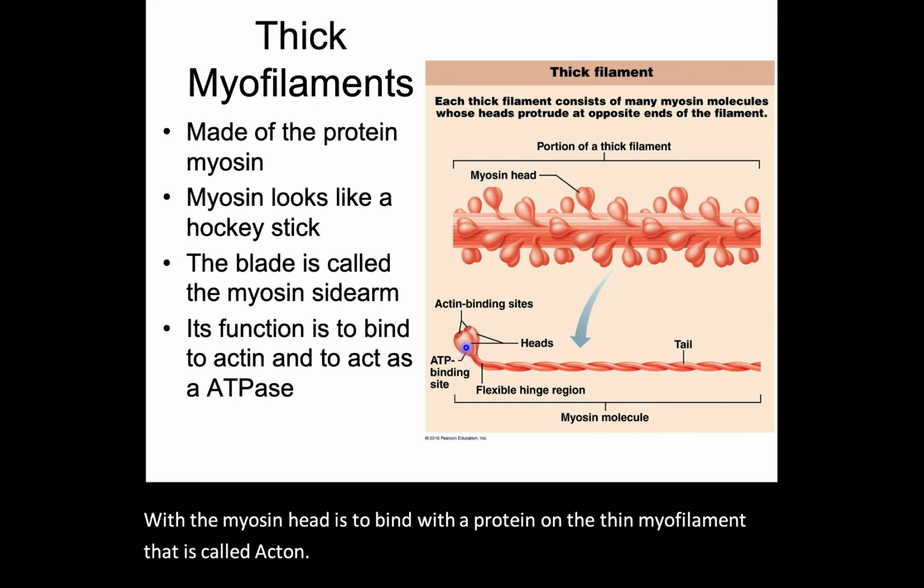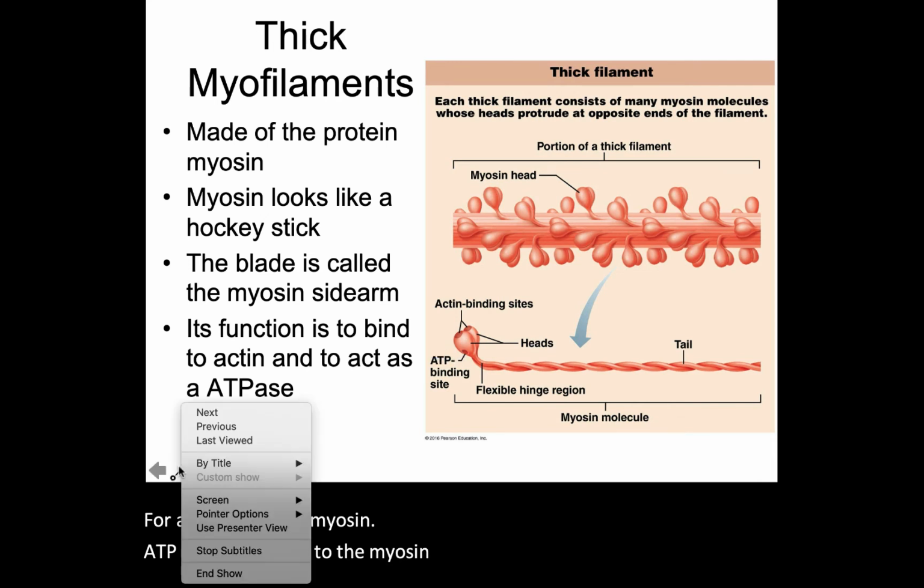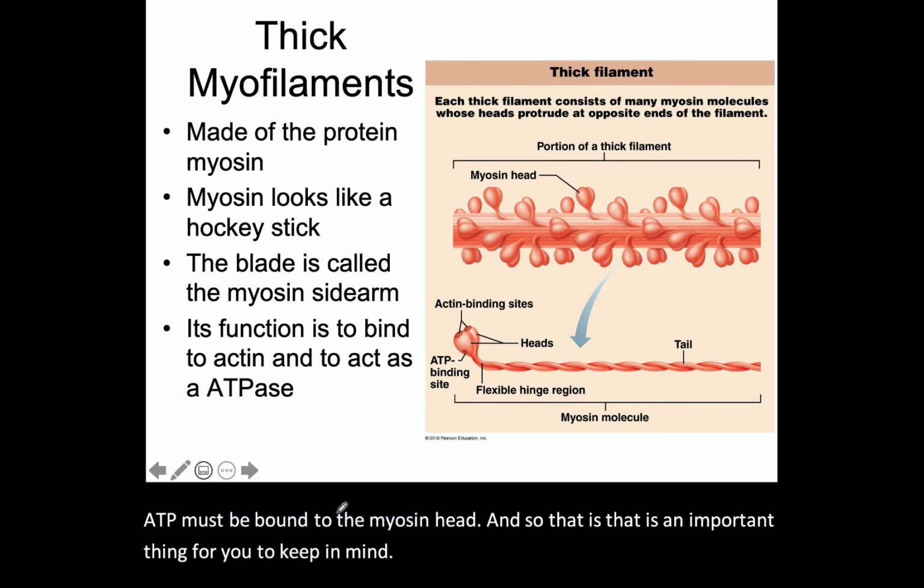But in order for actin to bind to myosin, ATP must be bound to the myosin head. Right? And so that is an important thing for you to keep in mind. Right?